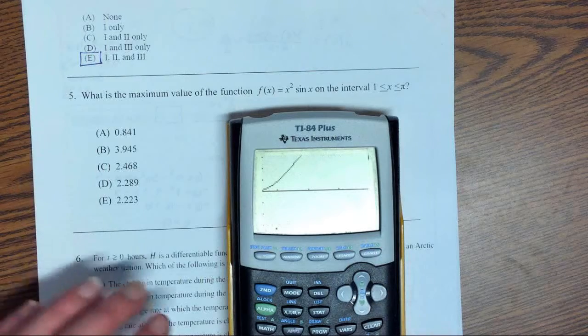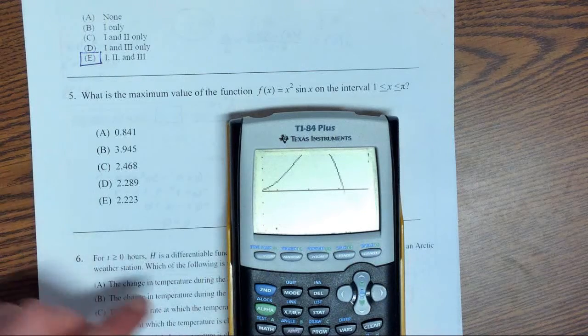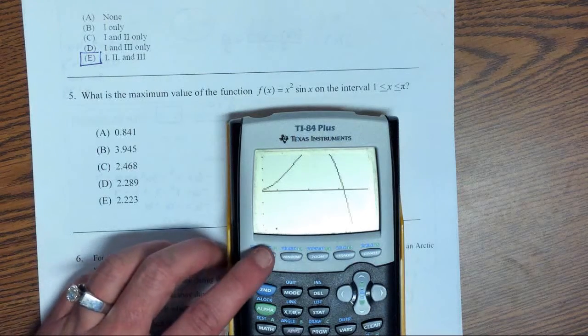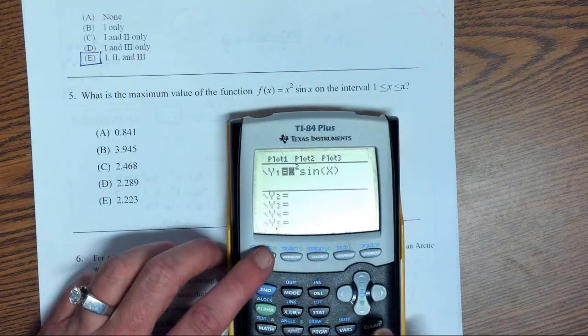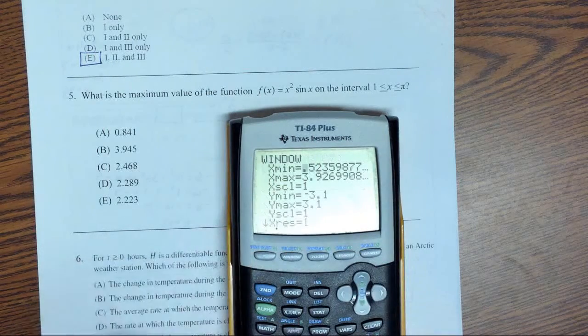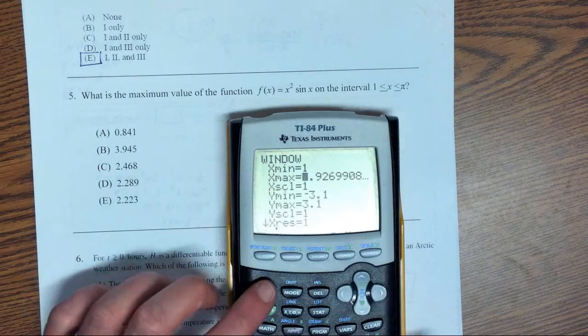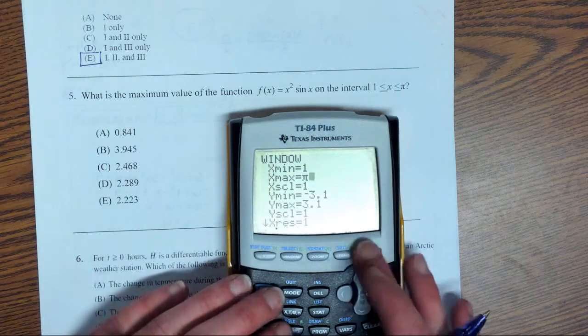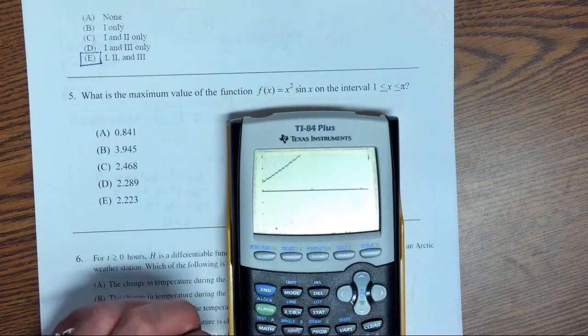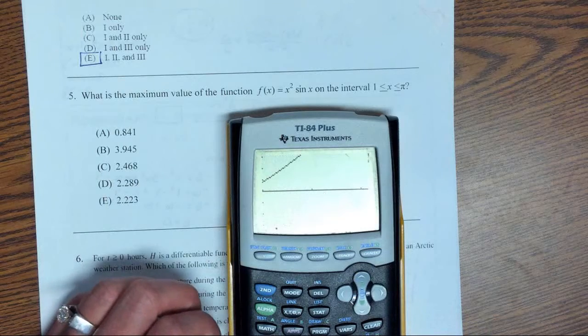It said only the interval from 1 to pi, so I need to change my window a little bit. Y equals, window, 1 to pi. Now I'm looking for the maximum value.